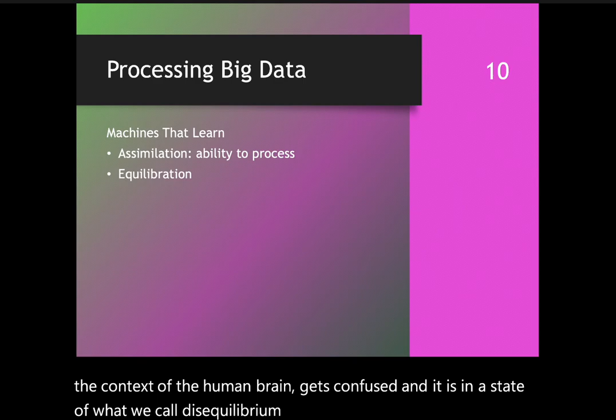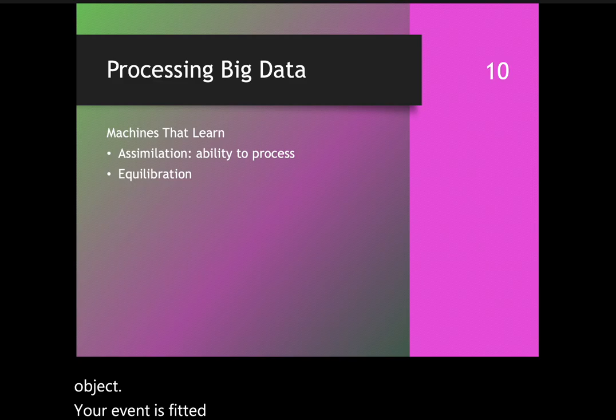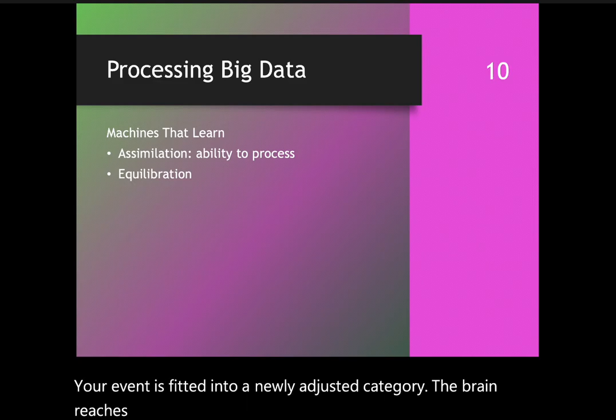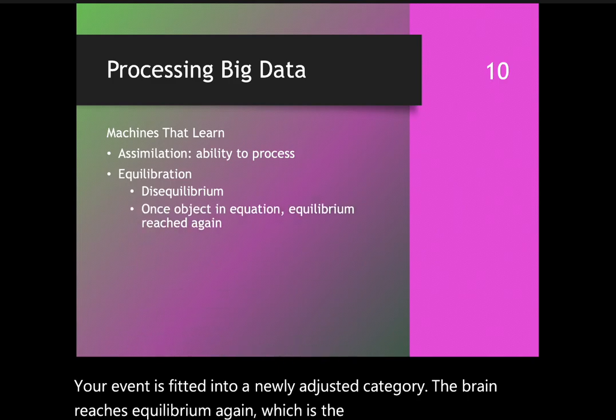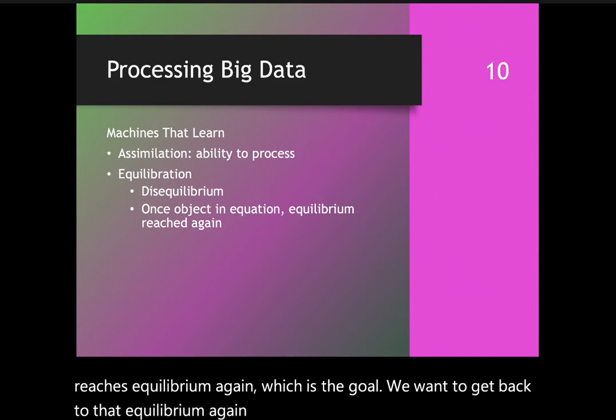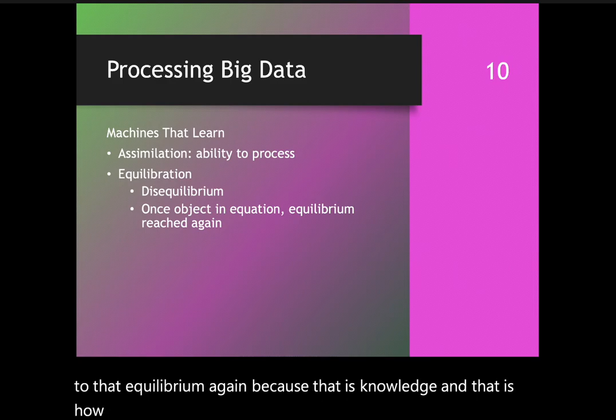And once that new object or event is fitted into a newly adjusted category, the brain reaches equilibrium again, which is the goal. We want to get back to that equilibrium again because that is knowledge and that is how machine learning works.